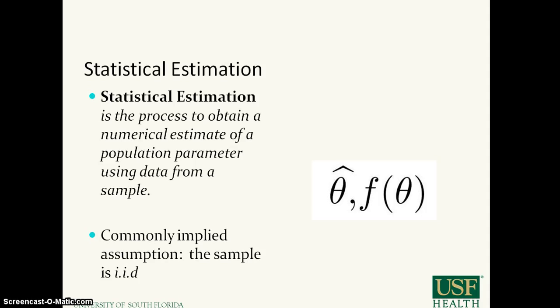In the statistical estimation or statistical methods we are going to learn, there is a very commonly implied assumption that the sample is IID. IID here is independent, identically distributed. So basically we assume the sample is obtained by simple random sampling.